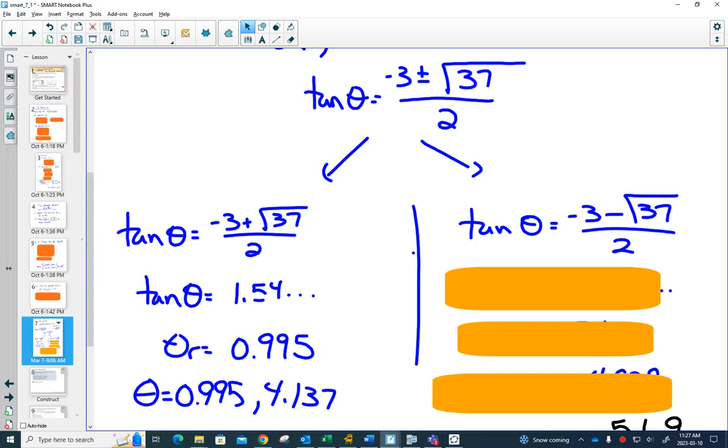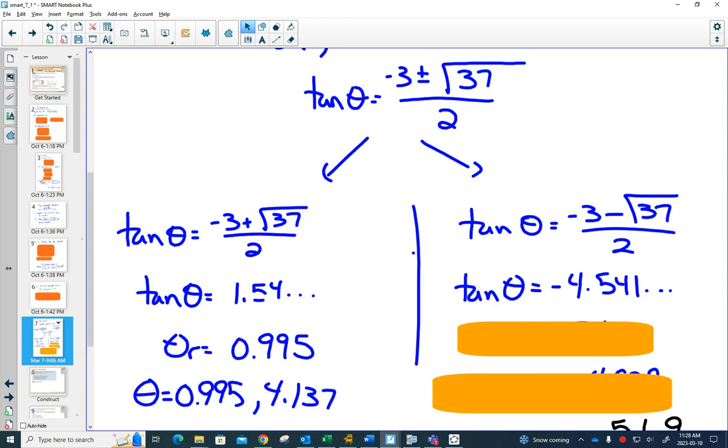We do the same thing on the other side. We say, okay, first I'm going to type that into my calculator to see what it's equal to. Negative 4.541. Then I'm going to find my reference angle, but I have to find my reference angle of the positive value. So I type that in my calculator, and I find out my reference angle is 1.354.